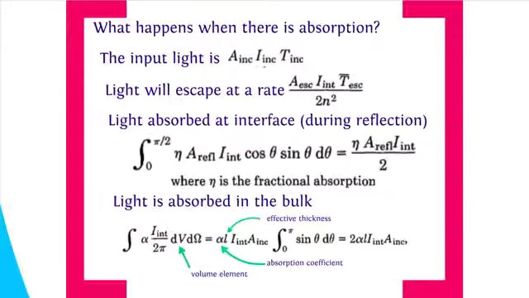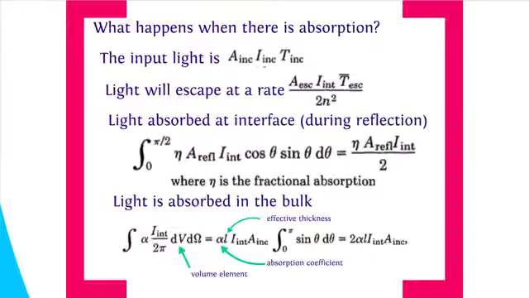Now, the other absorption can happen in the bulk. In other words, when light is bouncing around in this material, some of it gets absorbed because it's silicon, right? It has a band gap, like we just talked about. A photon is absorbed, electron hole pairs are created. We need to model that as well. And that can be modeled with this term here, alpha, which is referred to as the absorption coefficient.